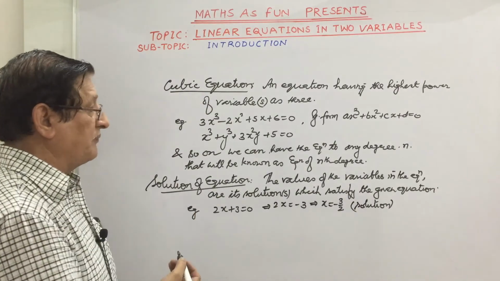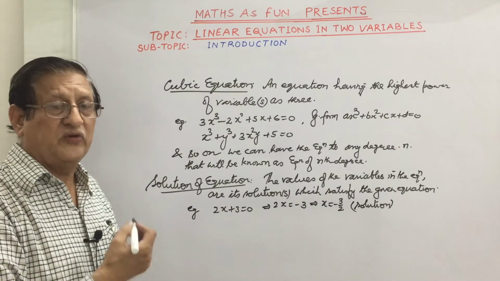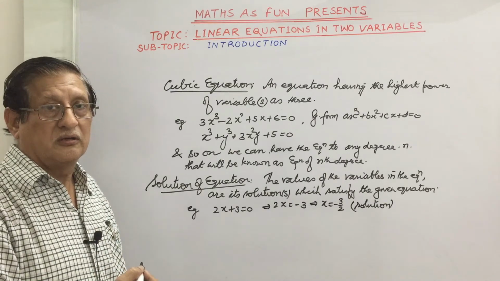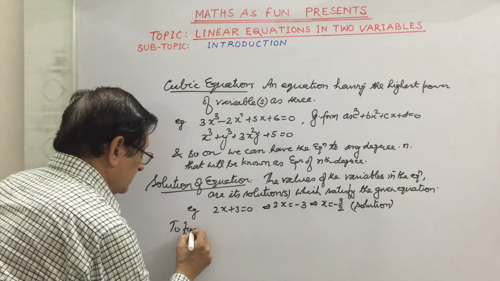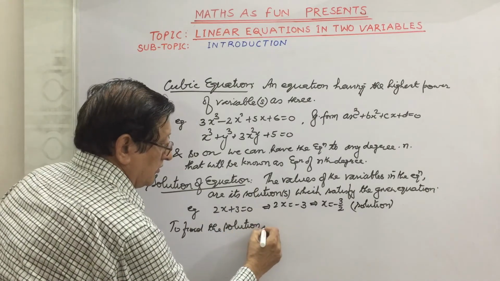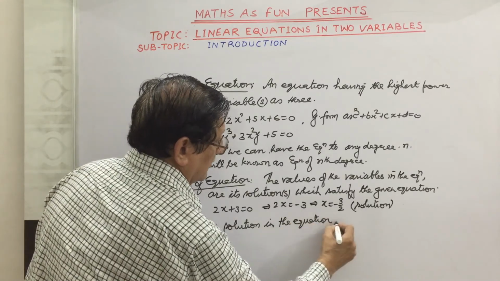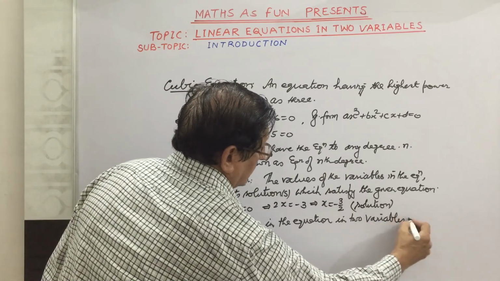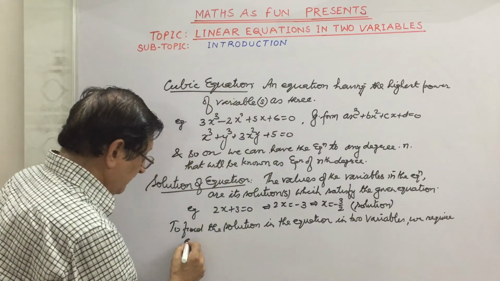Now, in case we have a system of linear equations, we need at least two equations to find the solution of a linear equation in two variables. To find the solution in two variables, we require a pair of equations.